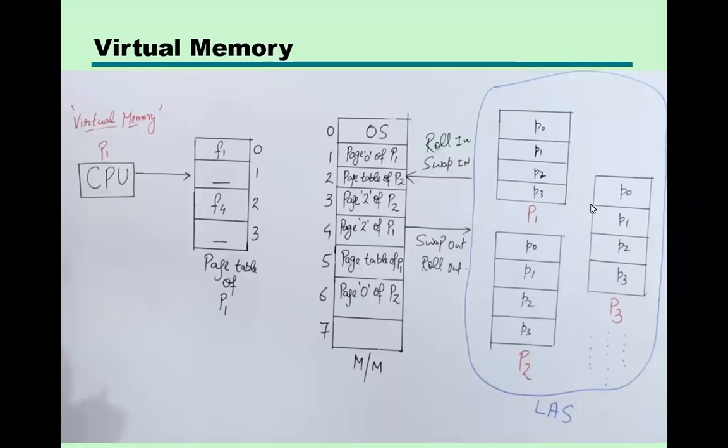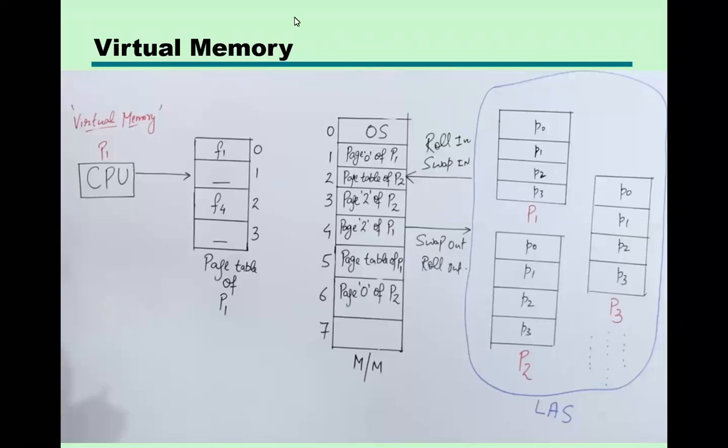Like here, P1, P2, P3, as many processes are there, multiple processes we can run at the same time. How? Simply we copy two required pages from process 1, two required pages from process 2, two required pages from process 3. In this way, we copy them into the main memory and the CPU executes the respective process.